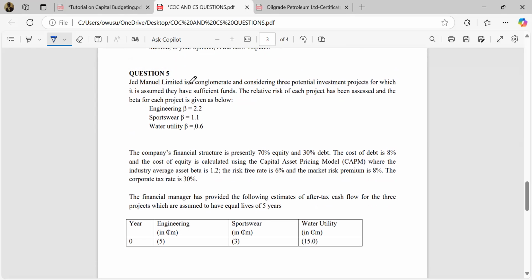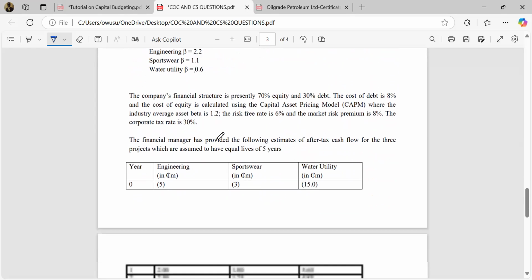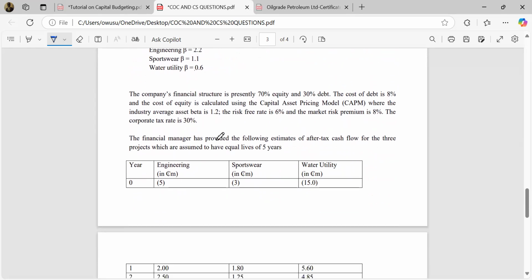Jed Manuel Limited is a conglomerate and is considering 3 potential investment projects for which it is assumed they have sufficient funds. The relative risk of each project has been assessed and the beta for each project is given as below. Engineering 2.2, sportswear 1.1, water utility 0.6. The company's financial structure is presently 70% equity and 30% debt.